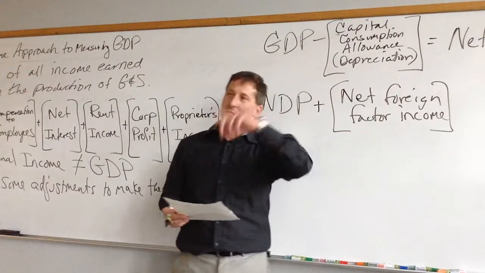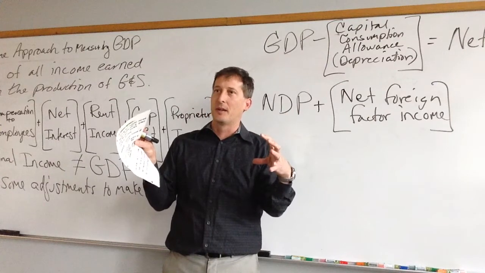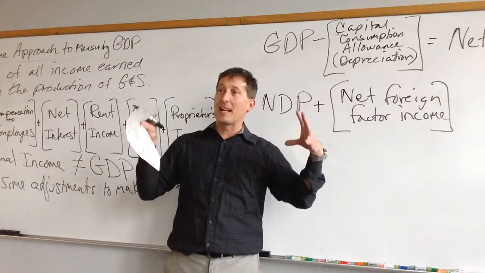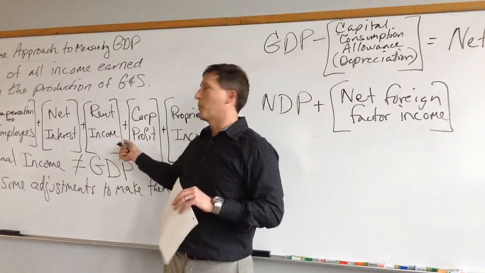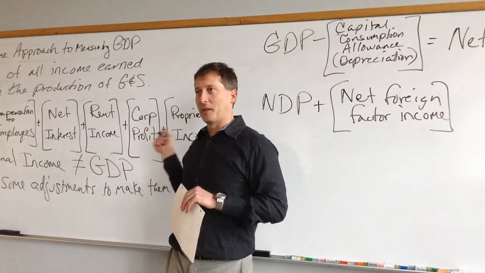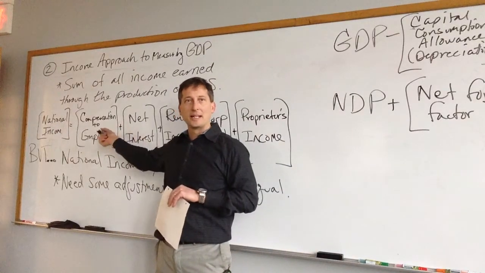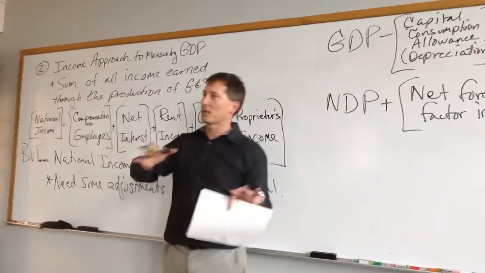Remember the whole thing of the dollar value of all final goods and services produced within the nation's boundary? Had the Japanese and the Germans and some other folks that made stuff in our nation. Do we want to include them in with our income? Not for this purpose, right? We're trying to get the income of Americans, and so we need to adjust for that.